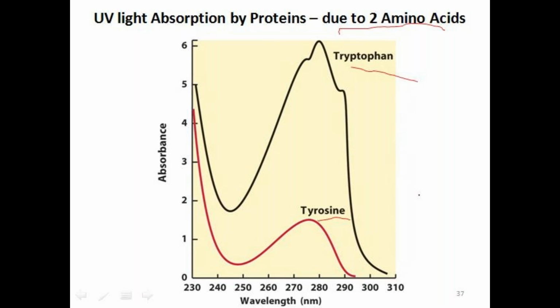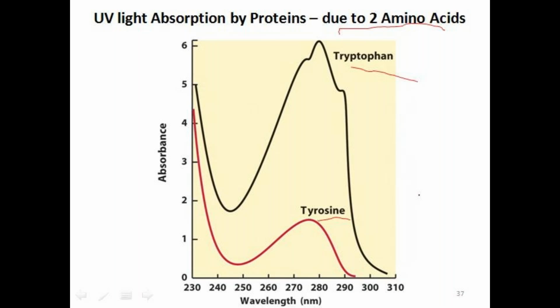Yes, and this benzene ring, the aromatic side chain of these amino acids, is mainly responsible for UV absorption. Here we mention only two amino acids, but phenylalanine also has an aromatic ring.